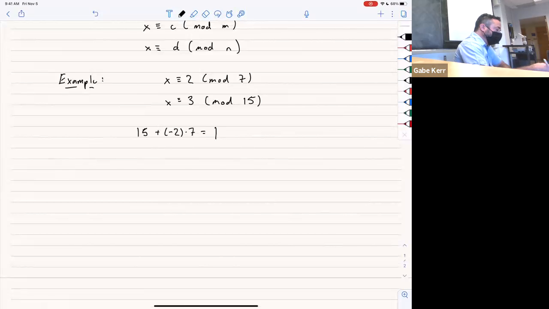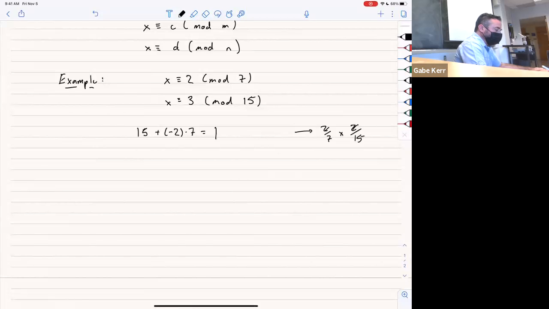So now you've got two idempotents here. And so all you have to do is multiply. This maps Z mod 7 cross Z mod 15.